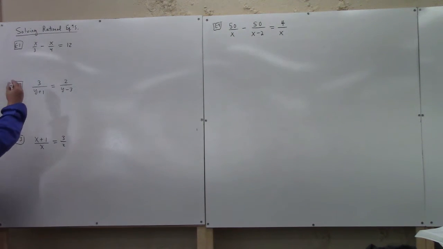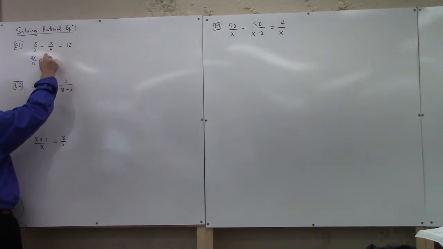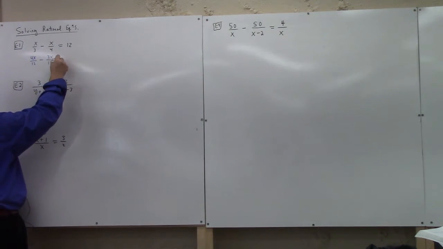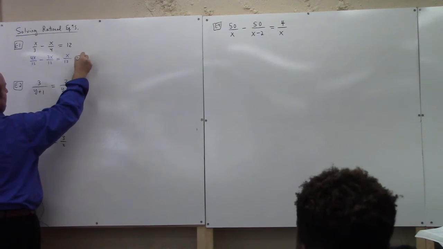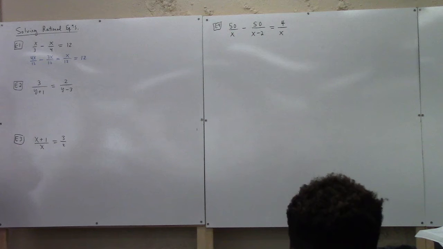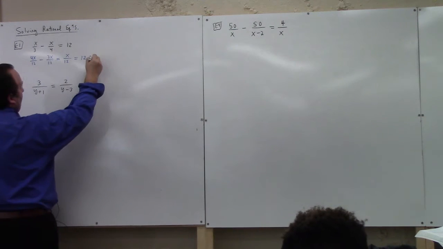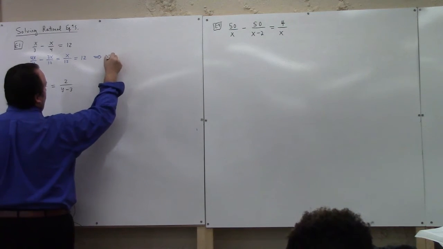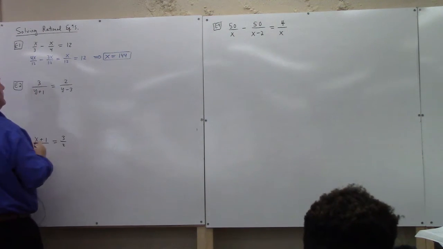And so we get 4x over 12 minus 3x over 12, which is giving us x over 12 equals 12, right? So then multiply both sides by 12, what do you get? 144, I heard. Very good.